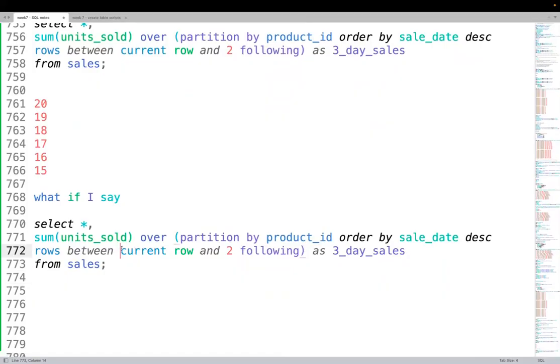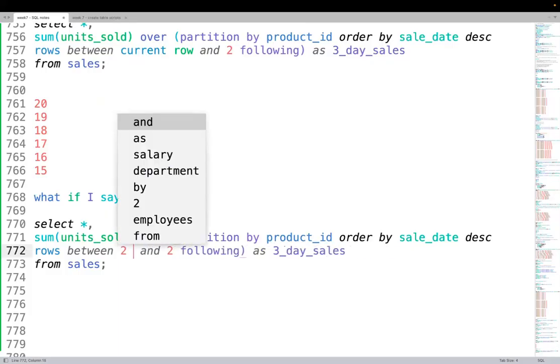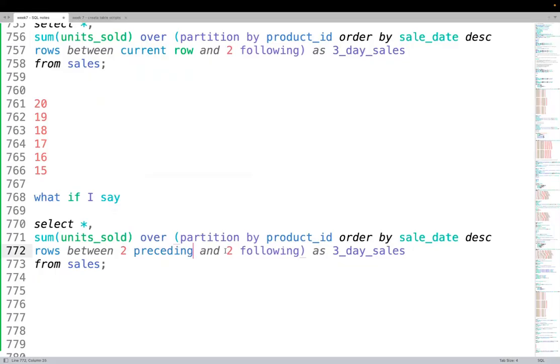I do not know whether it makes sense or not, but let's write it: two preceding and two following. My goal is to talk about what is preceding and what is following. Logically it might not make sense because we might not be able to solve a business use case with this right now. It can help you at certain places, but not in this place, right? But what will it give us?